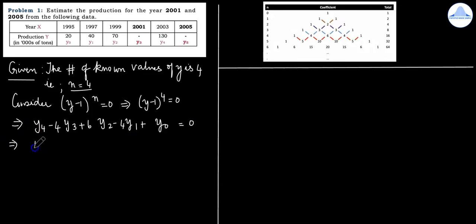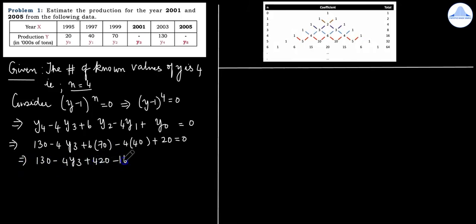So it is y4 = 130, minus 4y3 plus 6 into 70 minus 4 into 40 plus 20 is equal to 0. Which implies 130 minus 4y3 plus 420 minus 160 plus 20 is equal to 0.